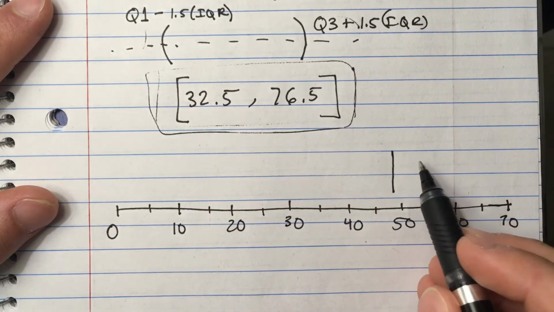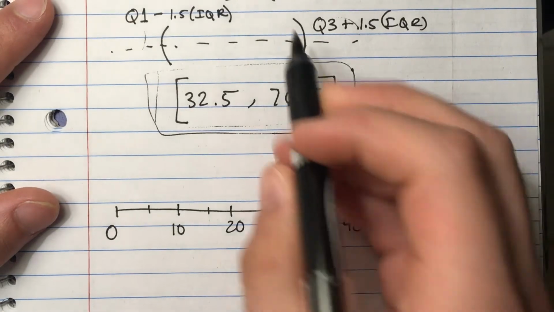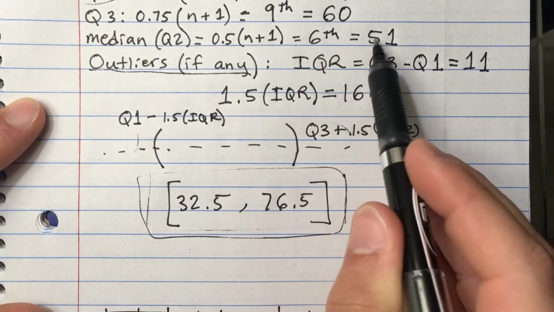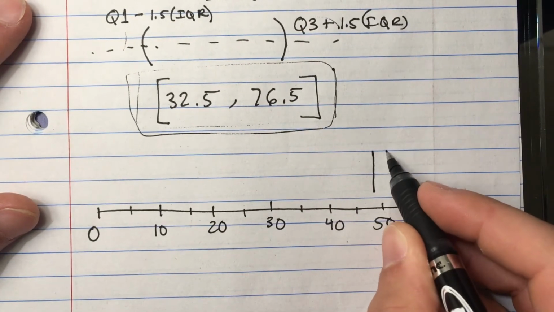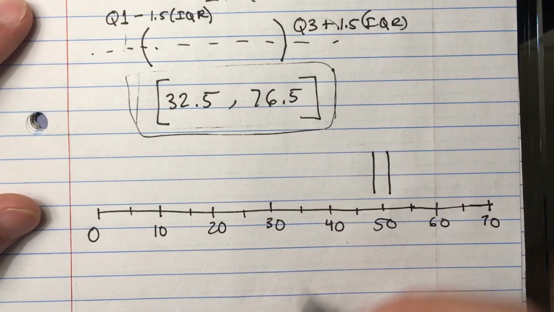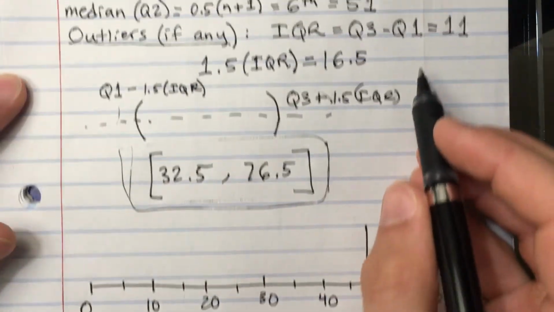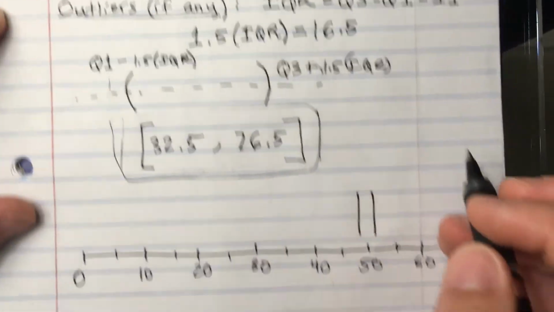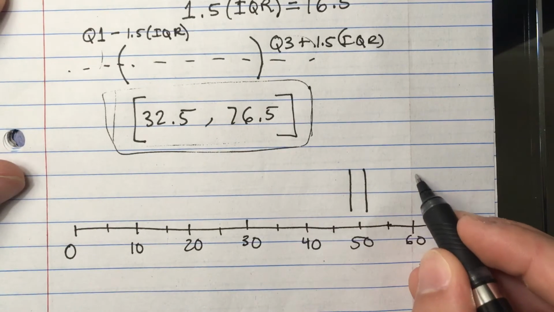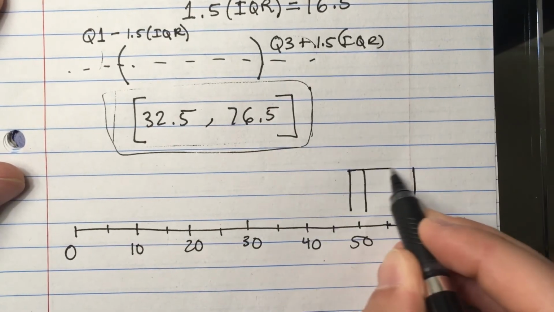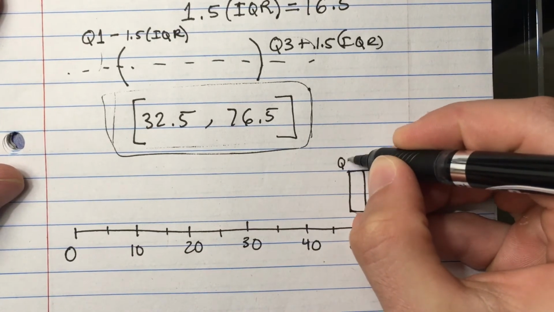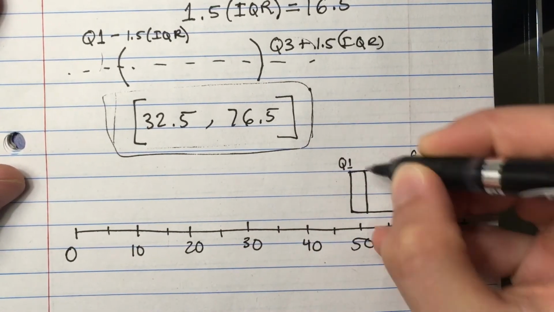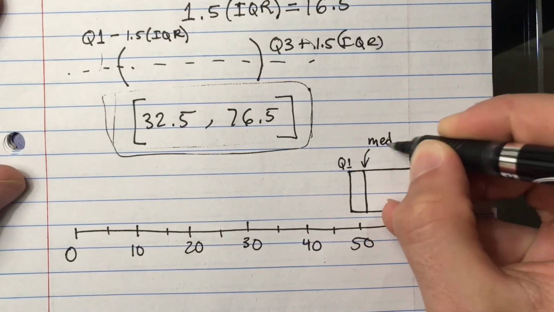The median we found to be 51, which is a little bit to the right of 50. Then you have Q3, which is exactly 60, right at the 60 mark. Now we create a box that houses all three of these. You can label them for reference: Q1, Q3, and the median.